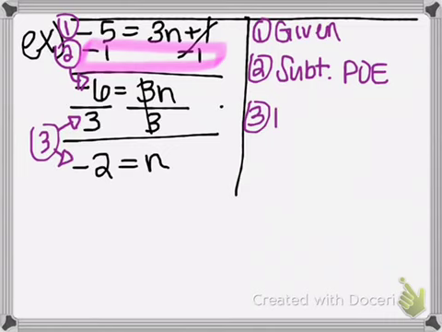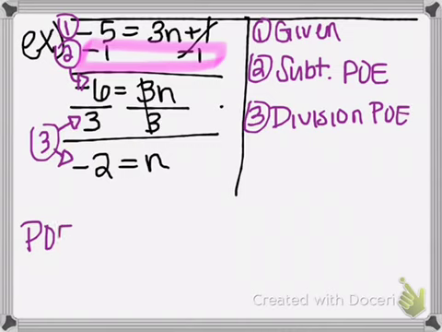What we can see here is that I had to divide both sides by 3. So we're going to write division, divide, POE. By writing division, I'm giving my reasoning, giving my statements.